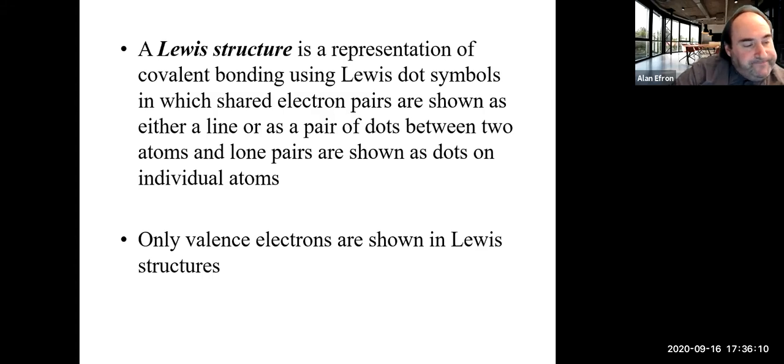Now, the way nonmetals are able to achieve the same electron configuration as the noble gases is through sharing of electrons, which means for the most part, everybody will get to 8 electrons, except for hydrogen, as we also talked about. Hydrogen only needs 2 electrons, because if you look at the periodic table, just after hydrogen is helium, which is number 2, and that's a noble gas. So hydrogen only needs 2 electrons to get to that noble gas configuration.